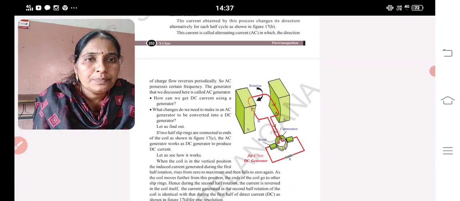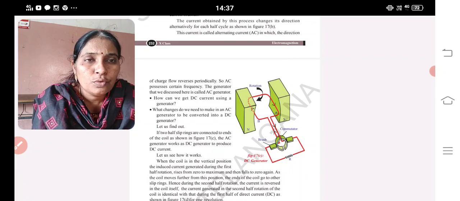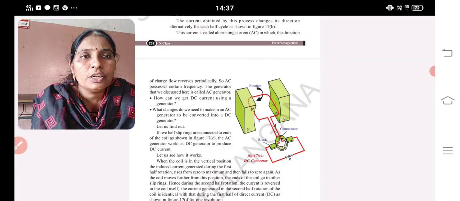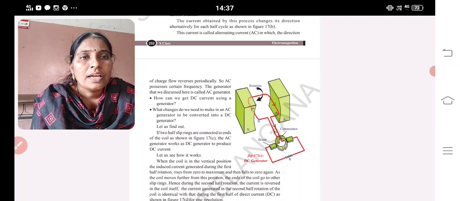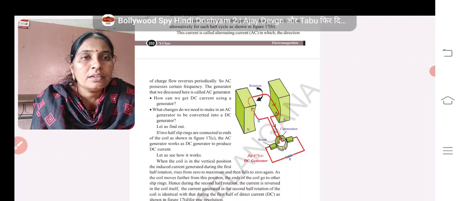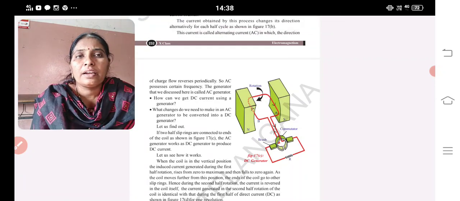And what changes do we need to make for an AC generator to be converted into DC? Two split rings are connected to the ends of the coil as shown in the figure, and this AC generator now works as a DC generator to produce DC current.